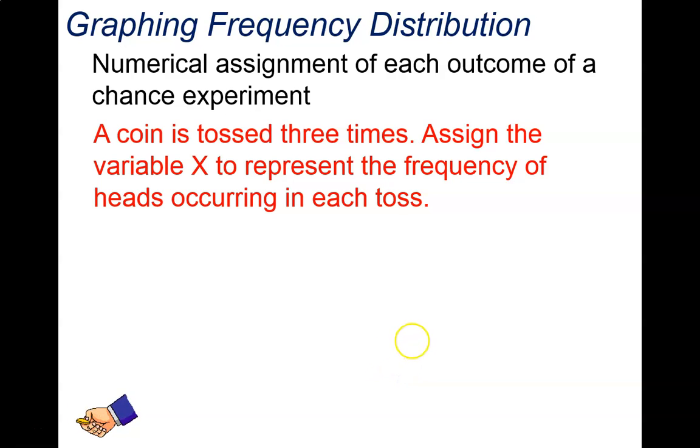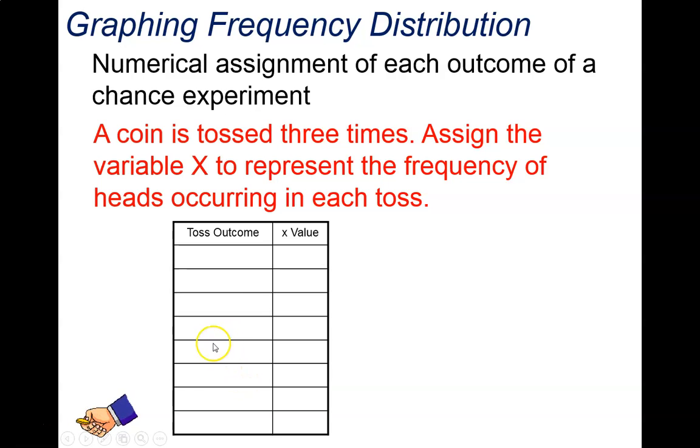Graphing a frequency distribution. Theoretically, you did this when you did the coin flips, or was it the cards? I think it was dice. You graphed the likelihood of getting a certain number.